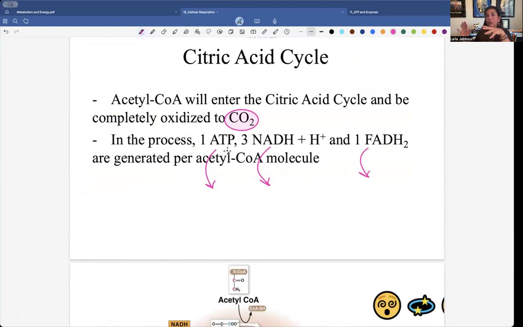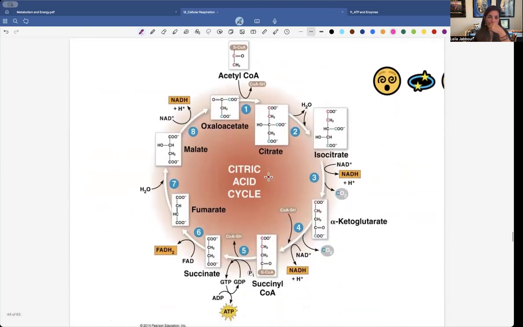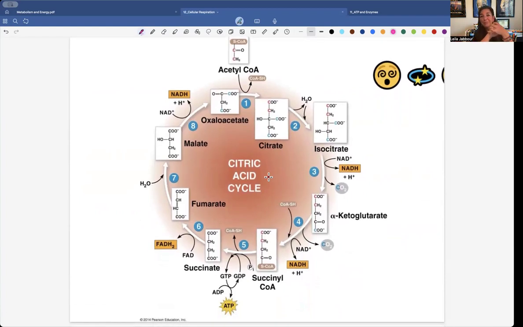And actually, most of the ATP is going to be made all the way at the end. So here's your cycle. For every one acetyl-CoA, we're going to go through all of this craziness. The idea is to produce NADH and FADH2.